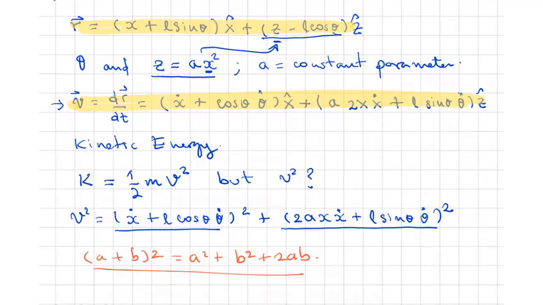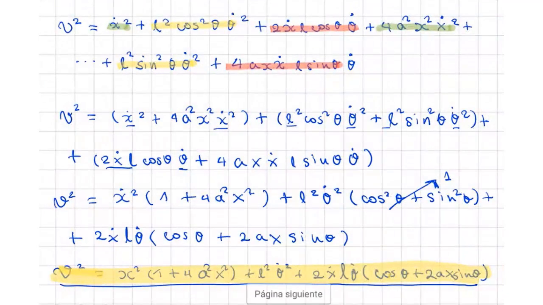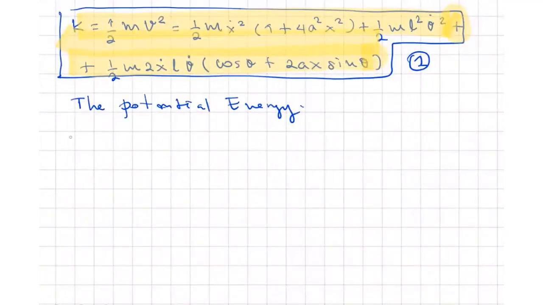All right, so the potential energy is going to be V equal to mgz, but we know that z is equal to the position along the, not necessarily c, I don't want to confuse the expressions and the letters, let's call it h.